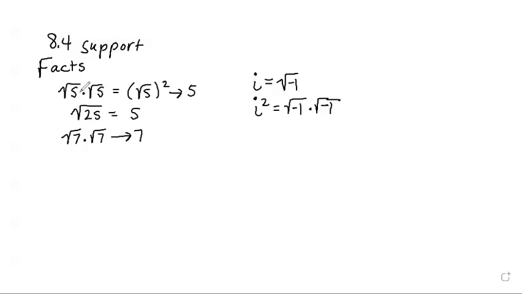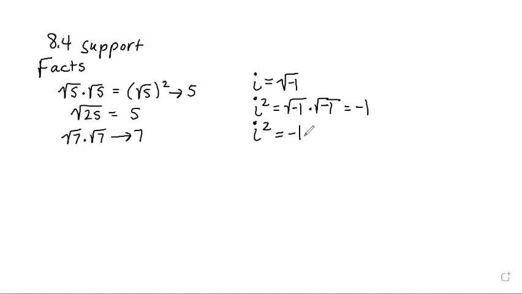If the numbers are the same underneath, if it's the square root of 5 times the square root of 5, it's just 5. So the square root of -1 times the square root of -1 is what? -1. Okay. So it's going to be important that you can pull from this that i squared is -1. You need to know that i is the square root of -1, and you need to know that i squared is -1. Okay.